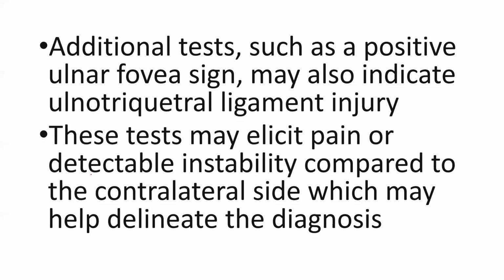Additional tests such as a positive ulnar fovea sign may also indicate ulnotriquetral ligament injury. These tests may elicit pain or detectable instability compared to the contralateral side, which may help delineate the diagnosis.